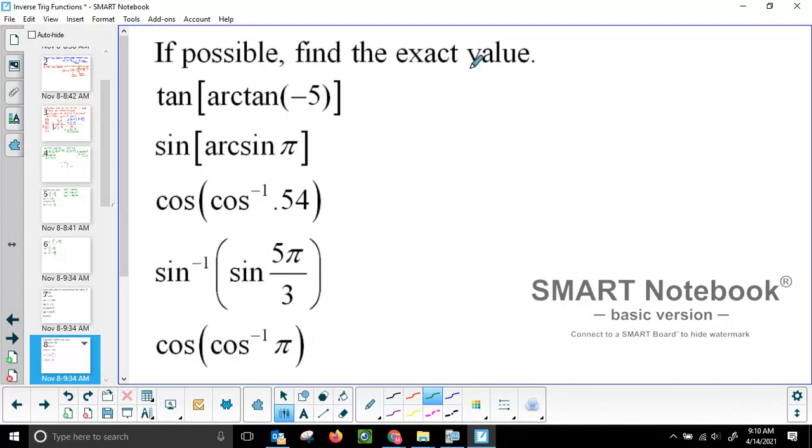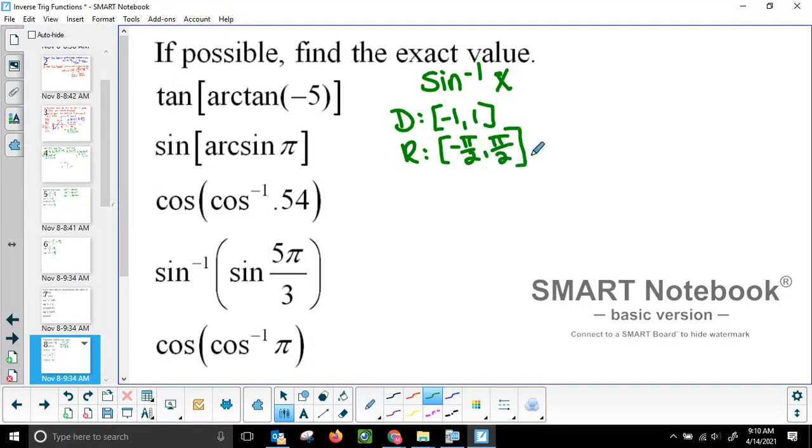All right. So this is very important, right? We already said that inverse sine has a domain of -1 to 1 and a range of -π/2 to π/2, which in degrees is -90 degrees to +90 degrees. All right. Inverse cosine has that same domain of -1 to 1, right? We have to plug things in between -1 and 1.